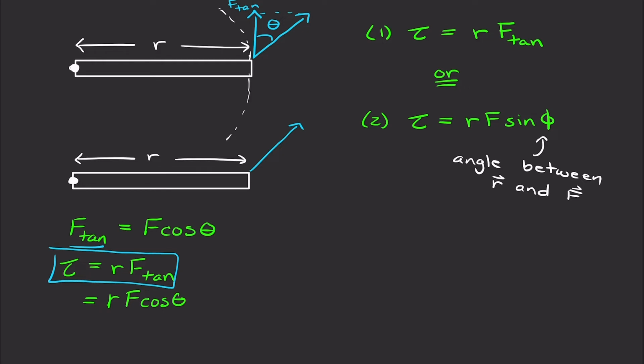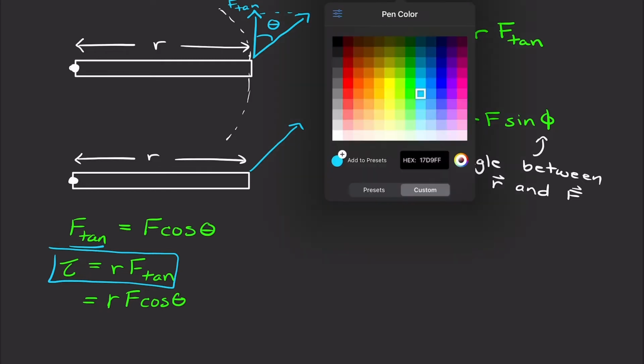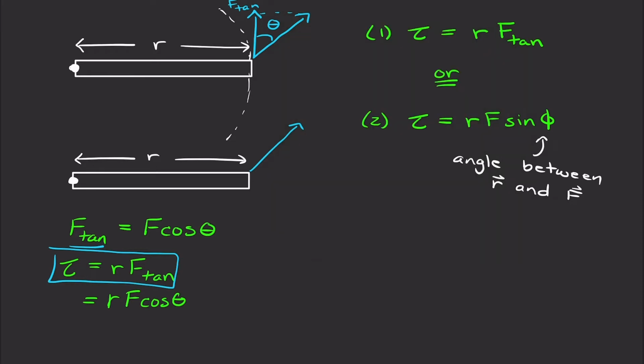Or we can use this second one, but we have to be careful about this angle. This angle theta is not the angle between r and F. So this is not phi. This is the angle between F and some vertical line.